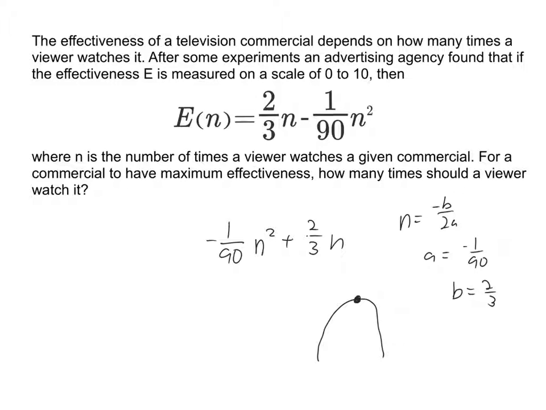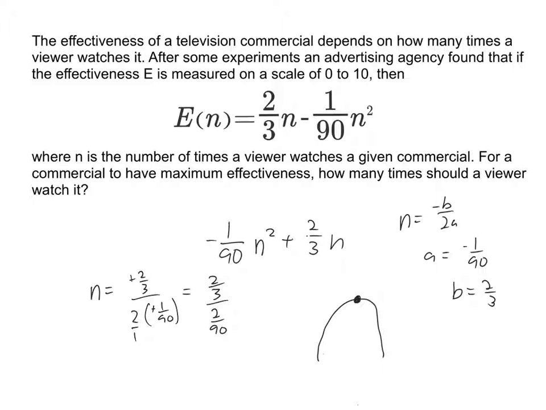So what we're going to get is n = −b divided by 2 multiplied by −1/90. Now, this negative and this negative are going to undo each other. We end up getting 2/3 over 2 times 1/90, which is 2/90. And if you remember, this is over 1, so I can actually multiply straight across.